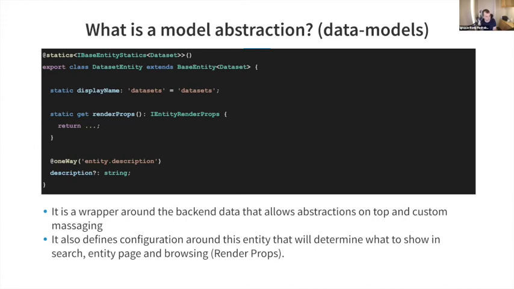I will talk a little bit more about these render props. That is very important. If you want to create your own entity, you will need to specify the render props, because that tells DataHub how to render the browsing, the search, and the entity page, right?